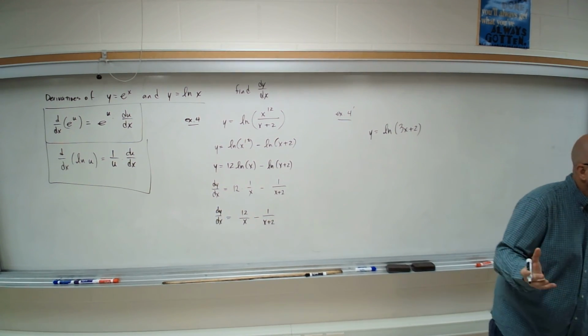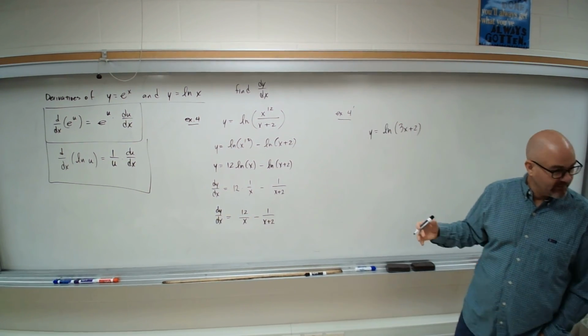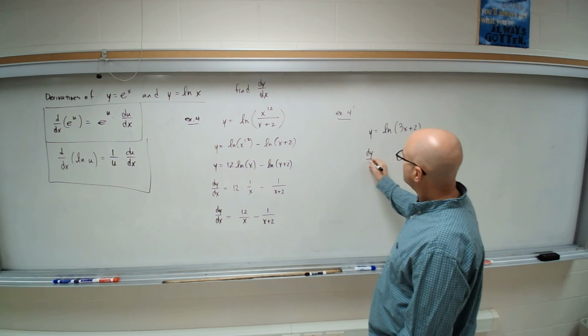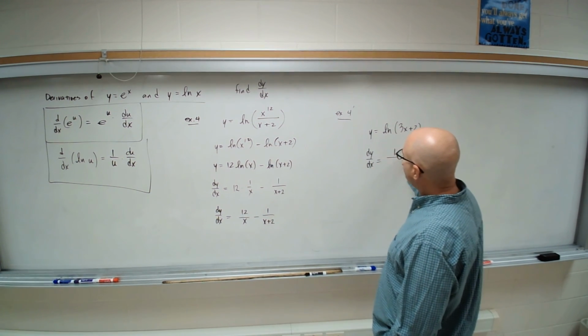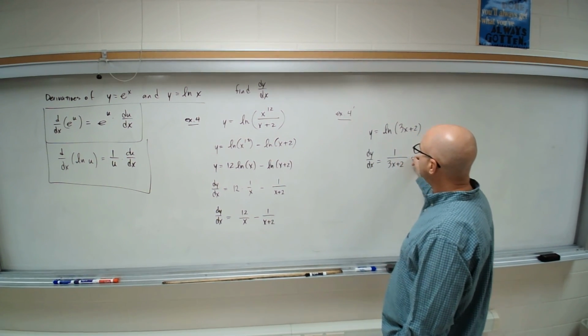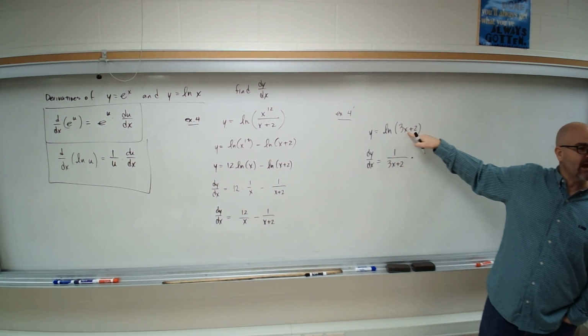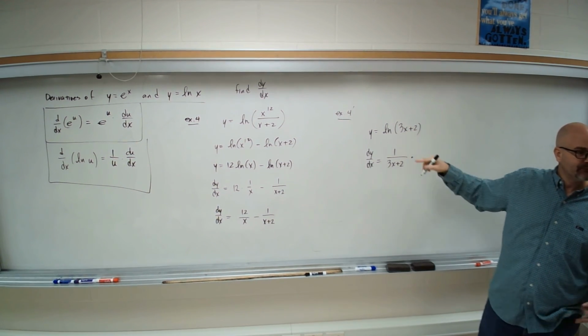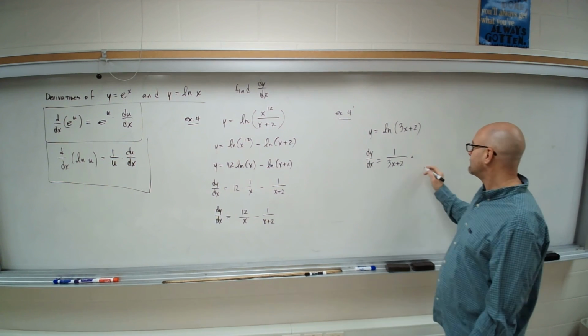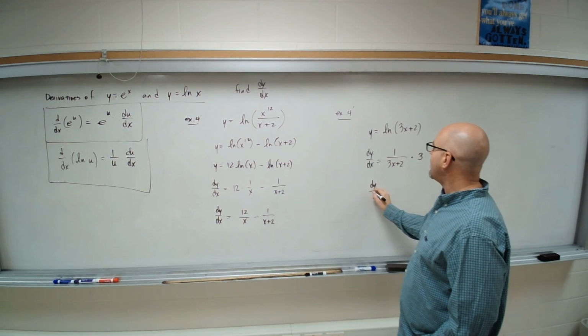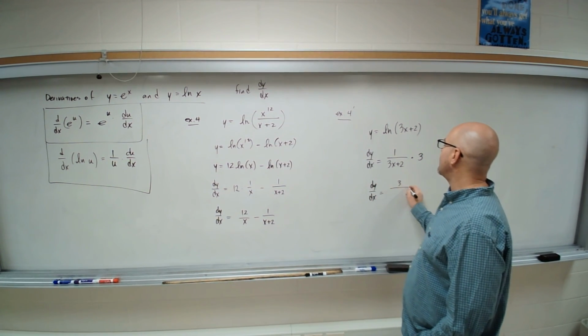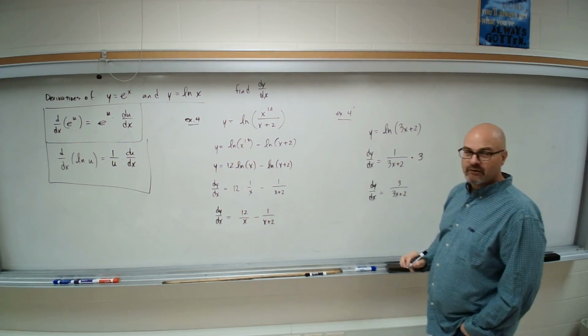It's not very tricky, but we'd still get 1 over the argument, which would be 1 over 3x plus 2, but then we take the derivative of 3x plus 2, which is actually 3, right? So you get dy over dx is 3 over 3x plus 2.